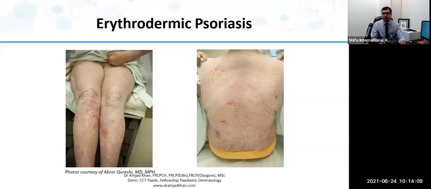Now, erythrodermic psoriasis, this is an adult patient, but you can see this is a dermatological or medical emergency. Please don't send these patients home. I've recently seen a psoriatic patient, a young child in Peshawar in my outreach clinic, 13, 14 years old, and for the last 2 years has been nearly erythrodermic.